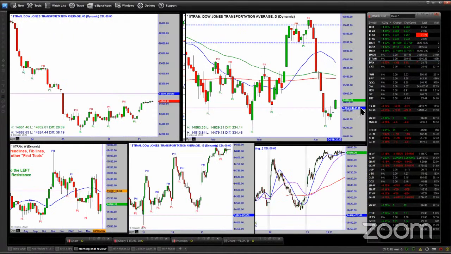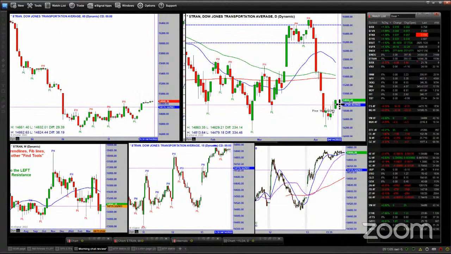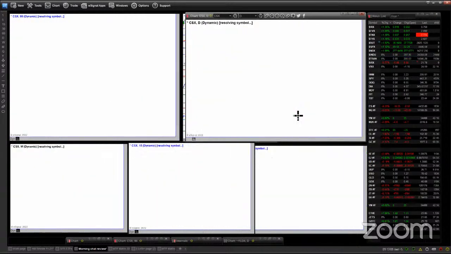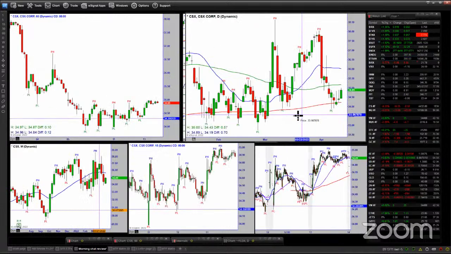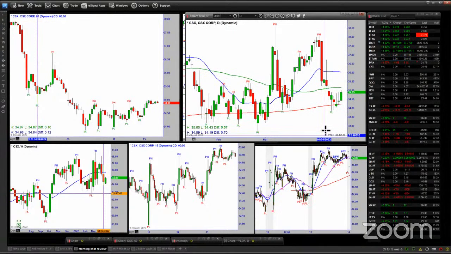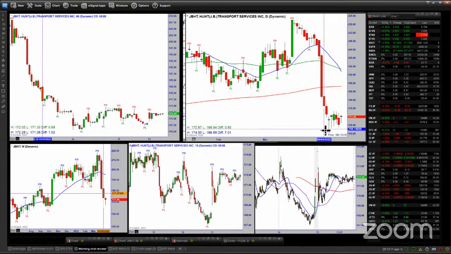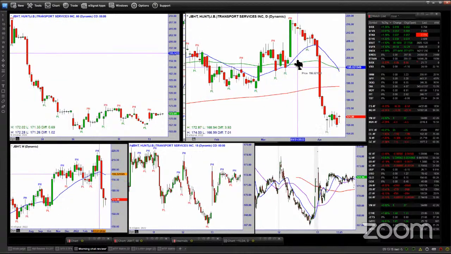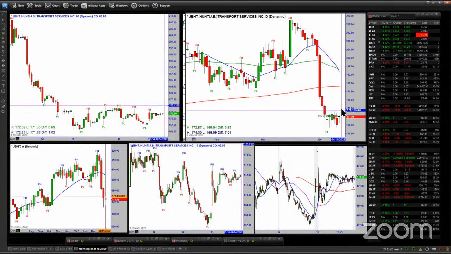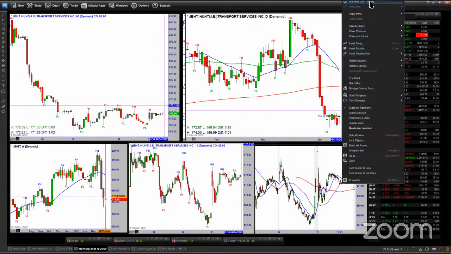Transports, another one that's down a lot and popping up there a little bit. X, it's kind of doing nothing. Big disappointment, chopping around, doing nothing. That got an upgrade yesterday, but may as well just set an alert there if it does take out those highs.